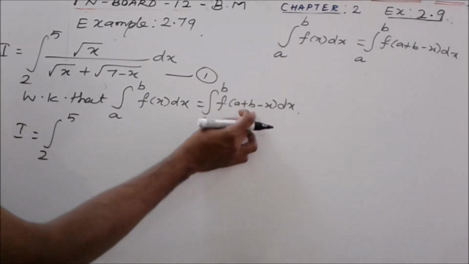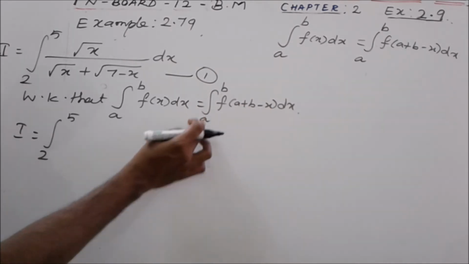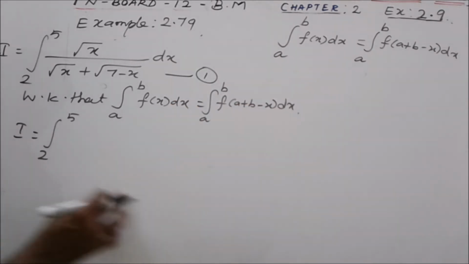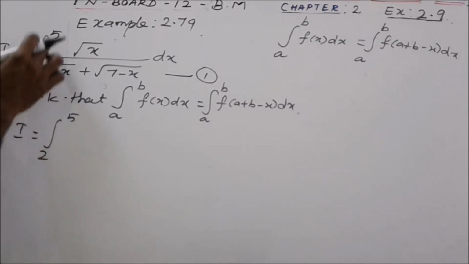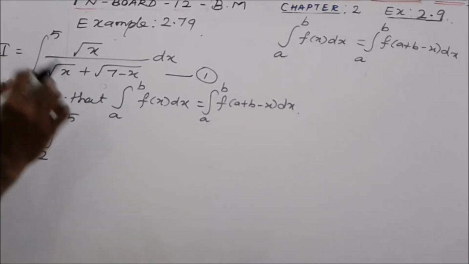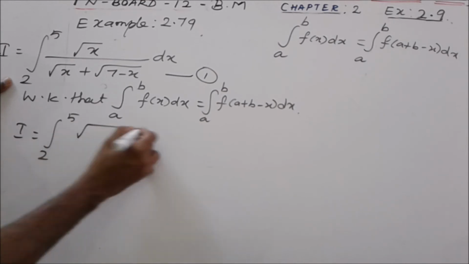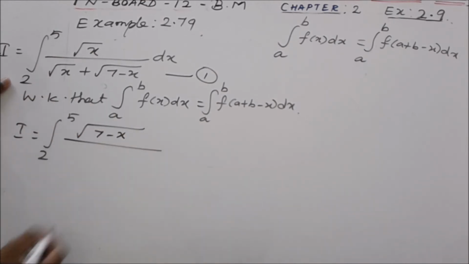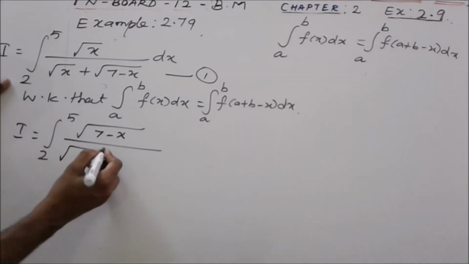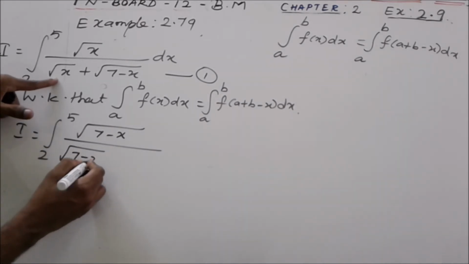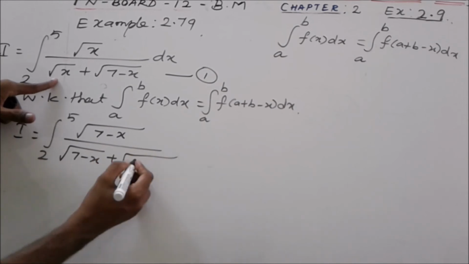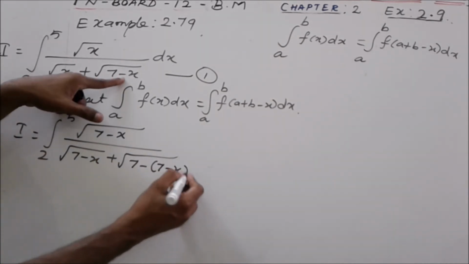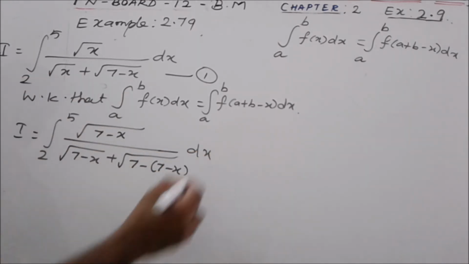Instead of x, we are substituting a plus b minus x. A is the lower limit, b is the upper limit. The sum of the two, minus x. That means lower limit 2, upper limit 5. The sum of the two is 7, minus x. So root of 7 minus x divided by root of 7 minus x plus root of 7 minus, for x we are substituting 7 minus x, dx.